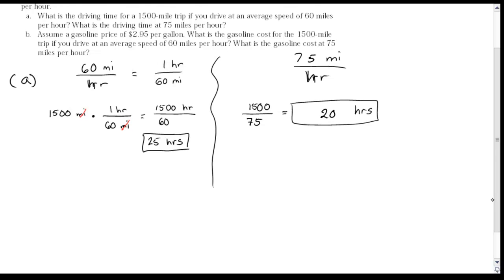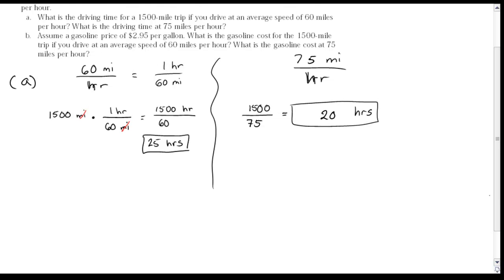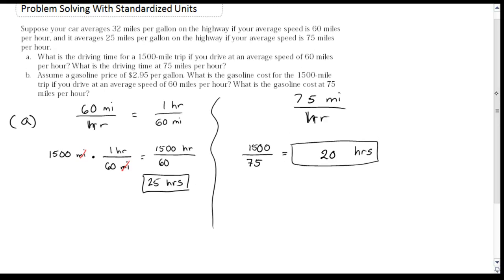All right, so how are we going to do that? Well, let's go back up top. Suppose your car averages 32 miles per gallon if you drive 60. Aha, there it is, the 32 miles per gallon. All right, so I'm on part B now.